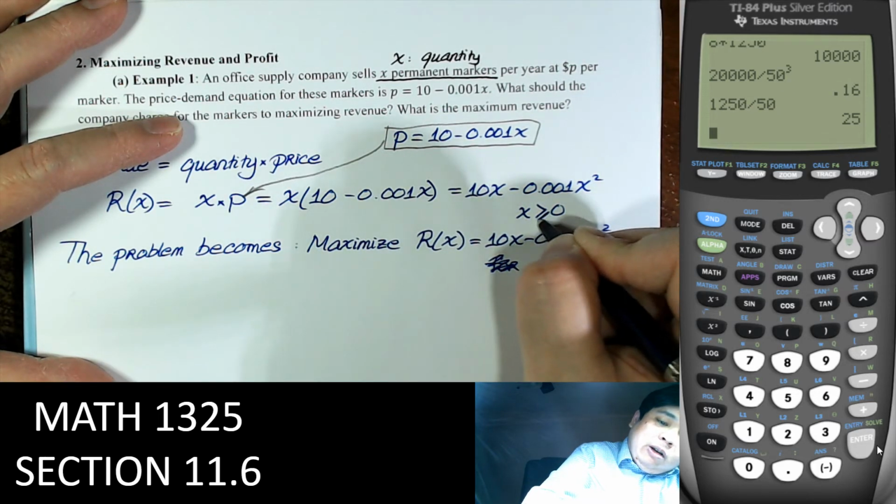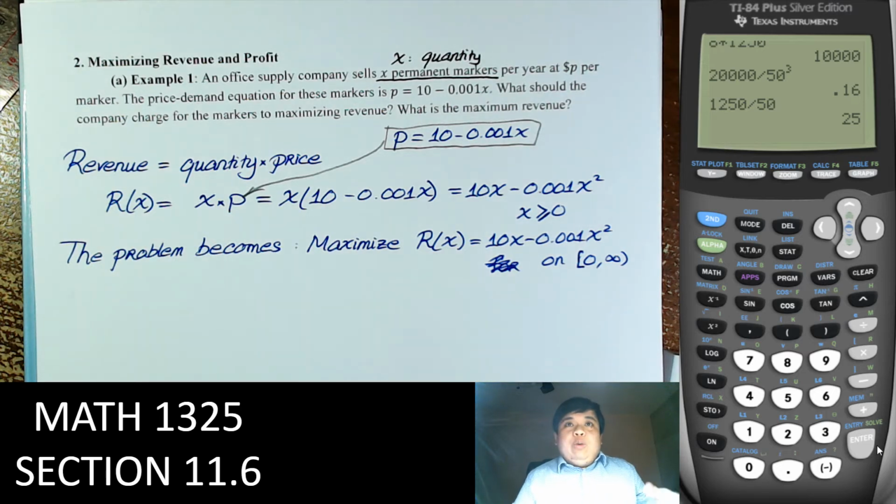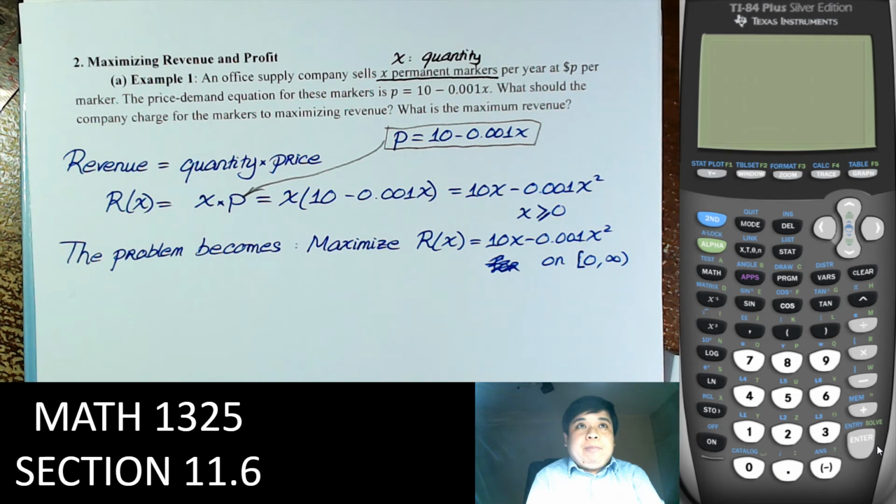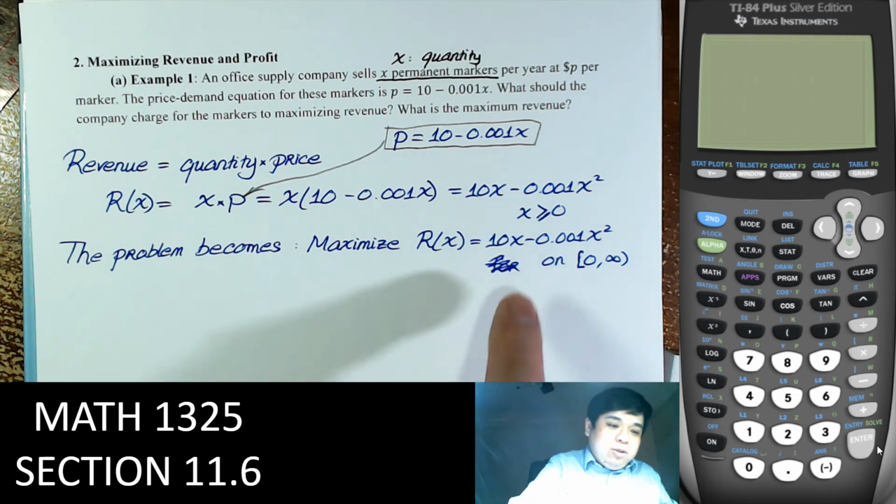Actually, we might have it equal to 0. In that case, we do not produce anything, and the revenue would be 0. So clearly, that's not going to be the maximum, right? Because if x equals 0, we're not selling anything, and the revenue would be 0. Right, so that is the problem.